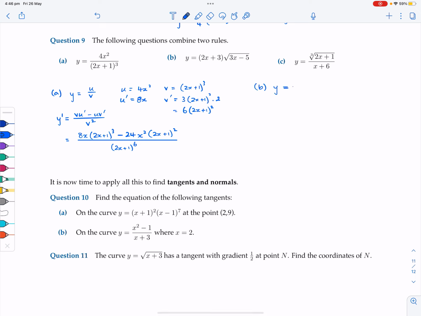All right, b. So y equals u times v, and u is 2x plus 3, and v is 3x minus 5 to the power of half.